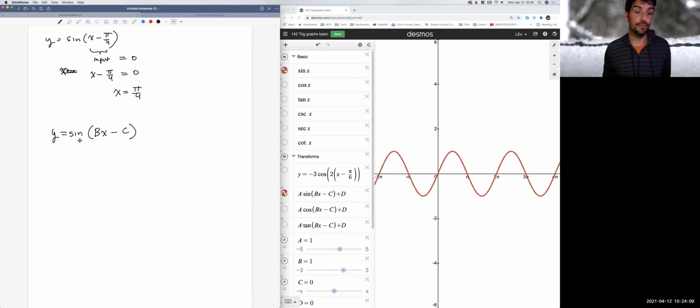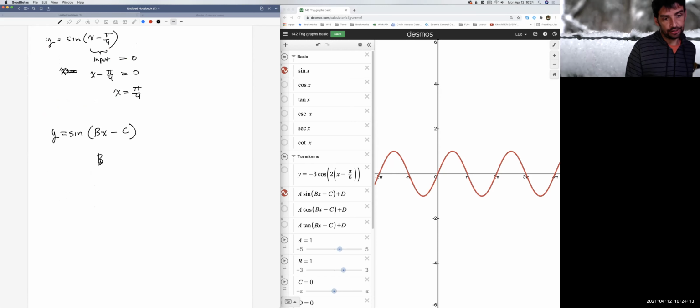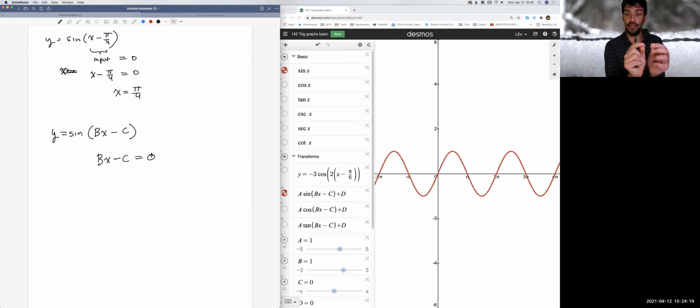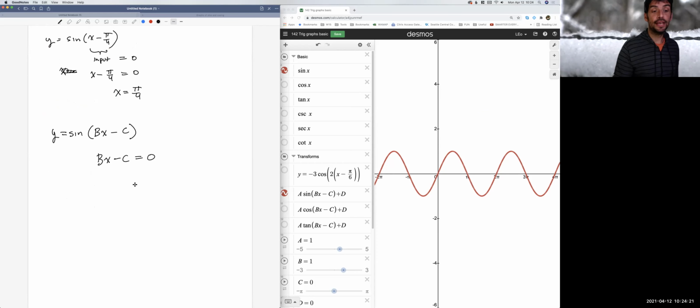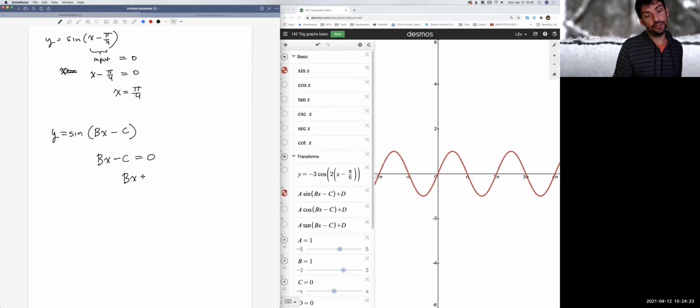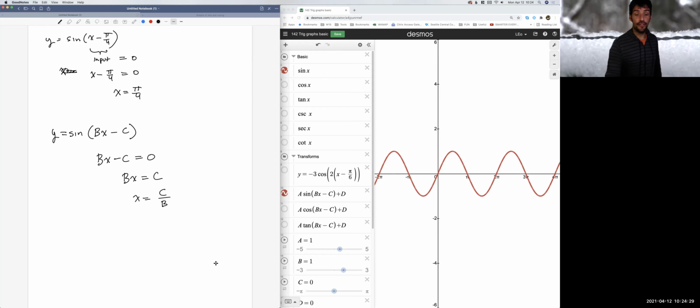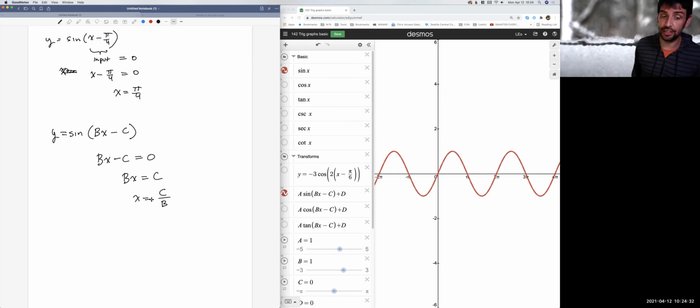If I have a function bx minus c as my input, the question is, when is bx minus c equal to 0? Because wherever that 0 point is, that will tell me how far I've moved. Well, just solving this equation, adding c to both sides, dividing by b, this will actually be the phase shift.